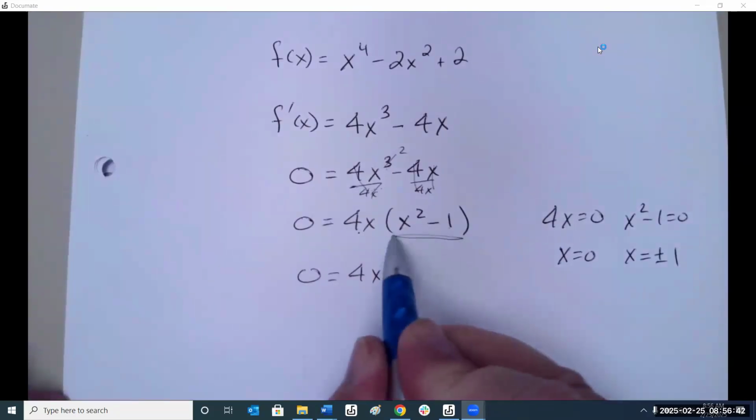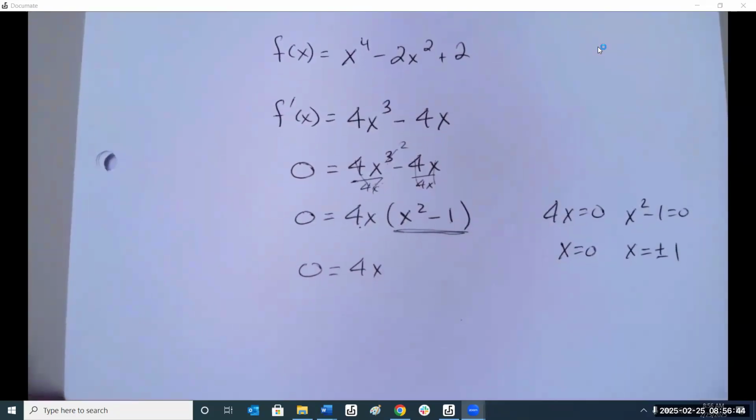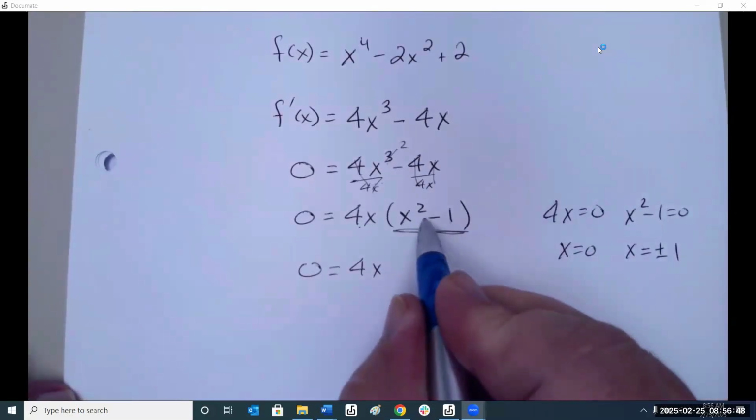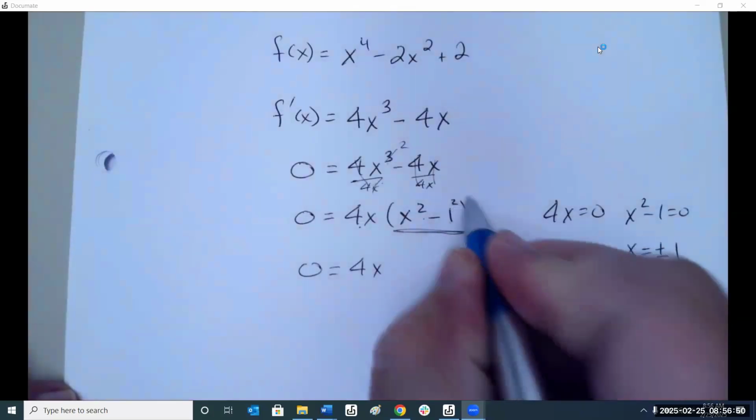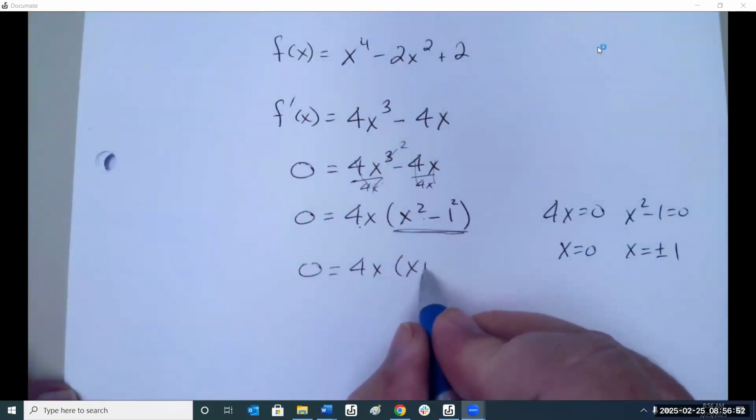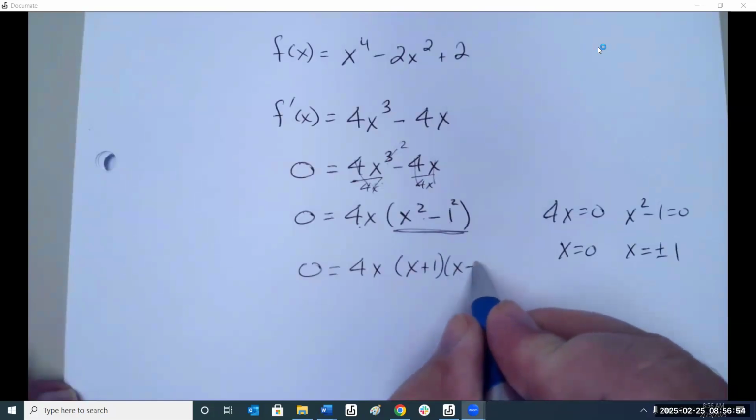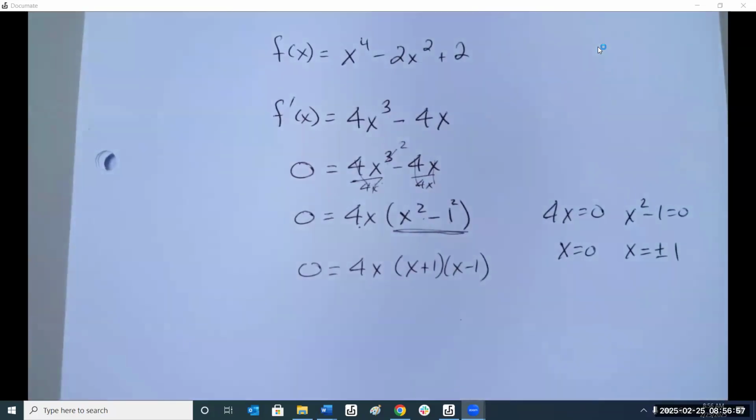But remember from algebra, when it came to factoring binomials, this is a difference of 2 squares, which means it's x plus 1, x minus 1. So this is another important piece of information that you can get just by looking at it.